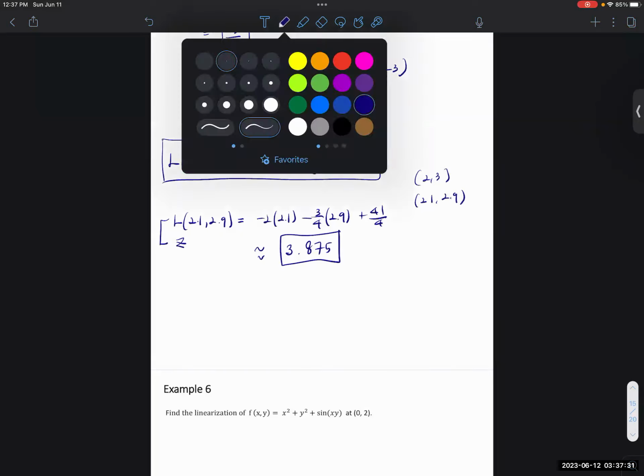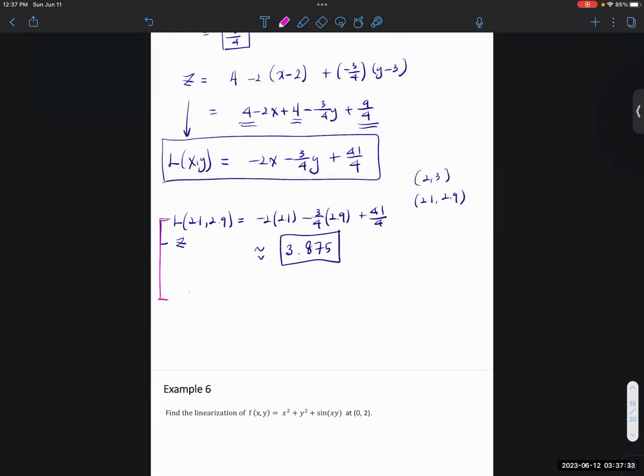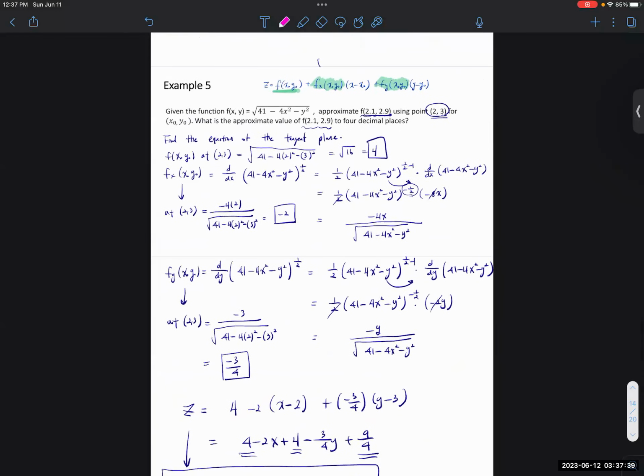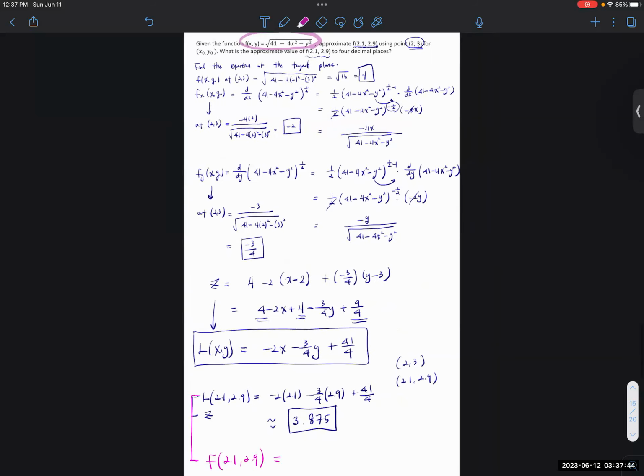But now I want to compare the linear approximation with the actual function at 2.1, 2.9. So this is the function, and this is a linear approximation. In other words, this is the equation of the tangent plane, correct? So there are two functions going on.